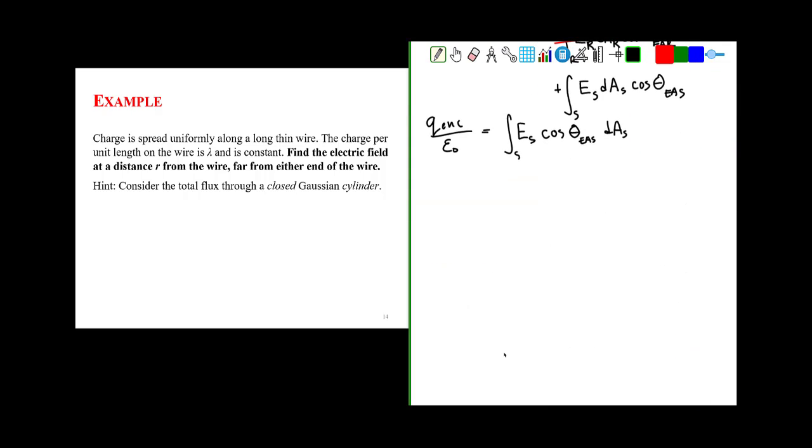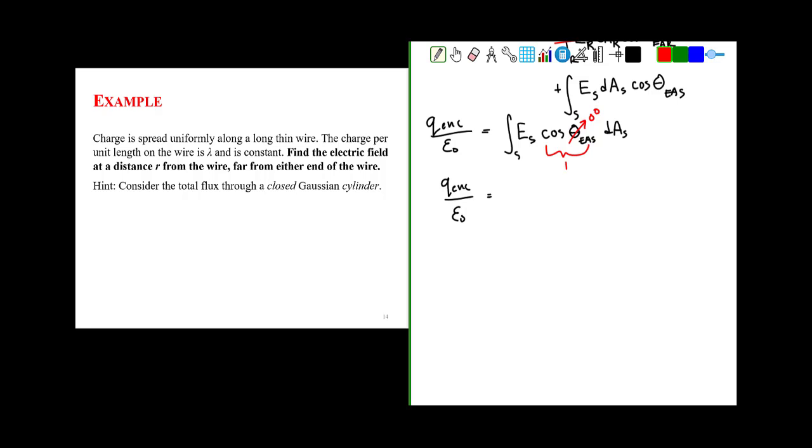Cosine of 0 degrees is 1. This term evaluates to be 1.